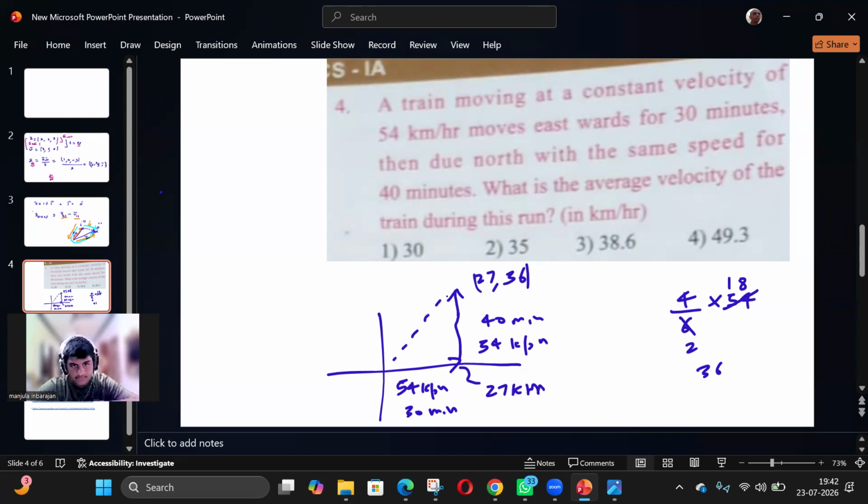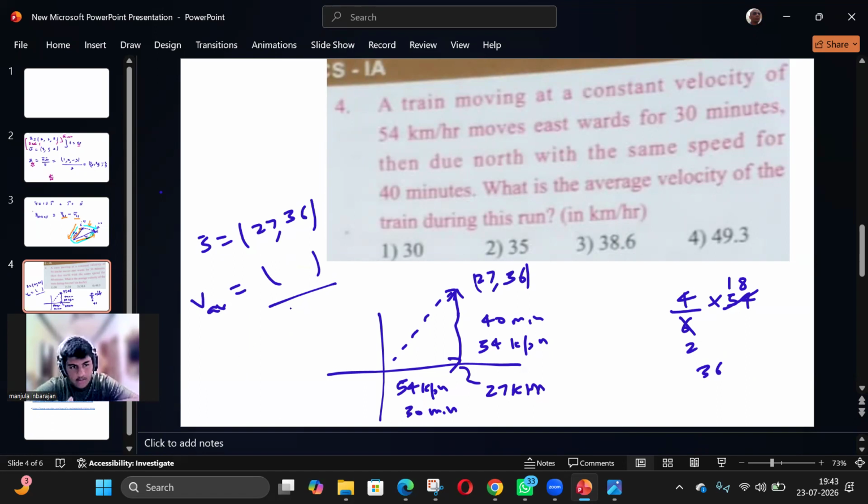27 i cap plus 36 j cap. Displacement, I can also write this in terms of components. Understood? It is 27 i cap plus 36 j cap. Average velocity is the displacement by the time, which is 30 minutes, half an hour, and totally 70 minutes.